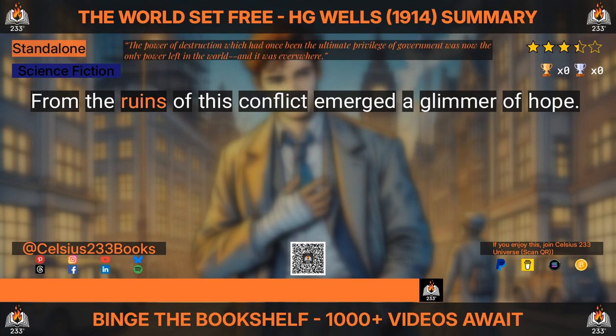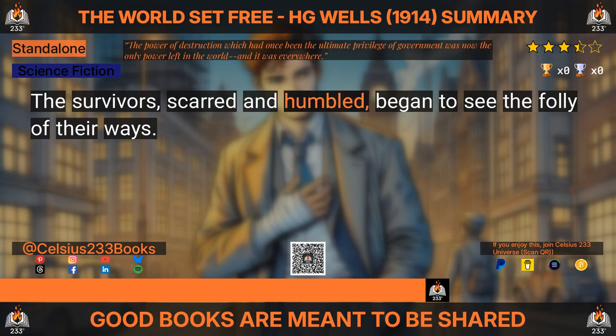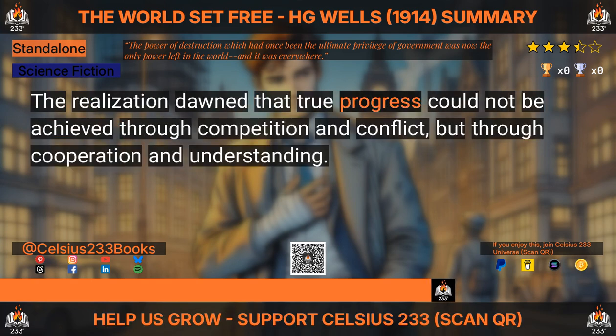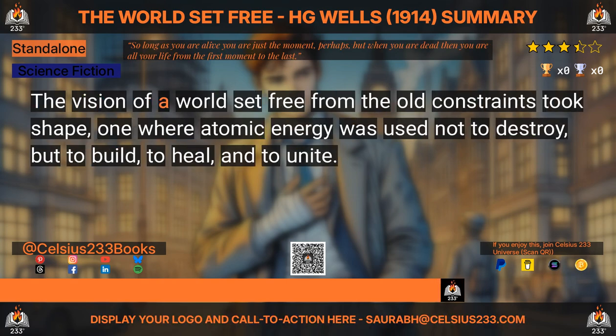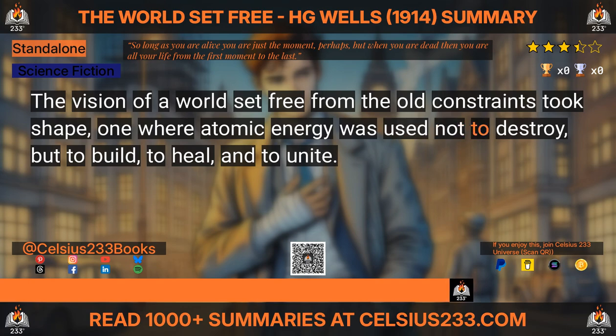From the ruins of this conflict emerged a glimmer of hope. The survivors, scarred and humbled, began to see the folly of their ways. The realization dawned that true progress could not be achieved through competition and conflict, but through cooperation and understanding. The vision of a world set free from the old constraints took shape, one where atomic energy was used not to destroy, but to build, to heal, and to unite.